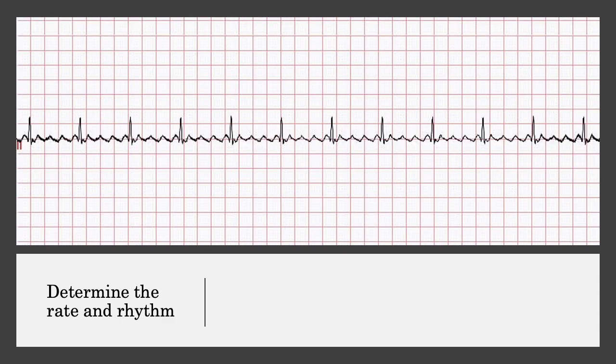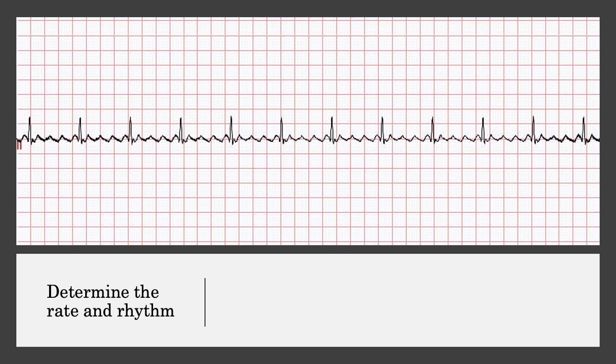So here's another example of a lead 2 telemetry strip. And in this situation, again, I'm going to try and determine rate. Well, my rhythm definitely looks regular. If I were to march out the R to R intervals across this entire strip, they would be pretty similar across the entire thing.